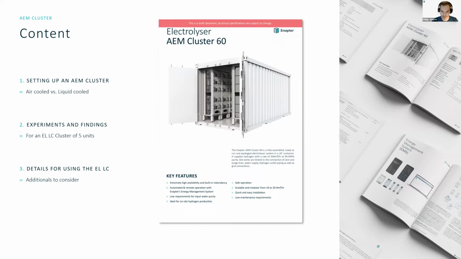We go a little bit more into detail about especially the liquid-cooled. And then finally, some details on what you need to consider when you are purchasing the liquid-cooled electrolyzer version and when you stack those modules together, but also additional things that you need to consider.